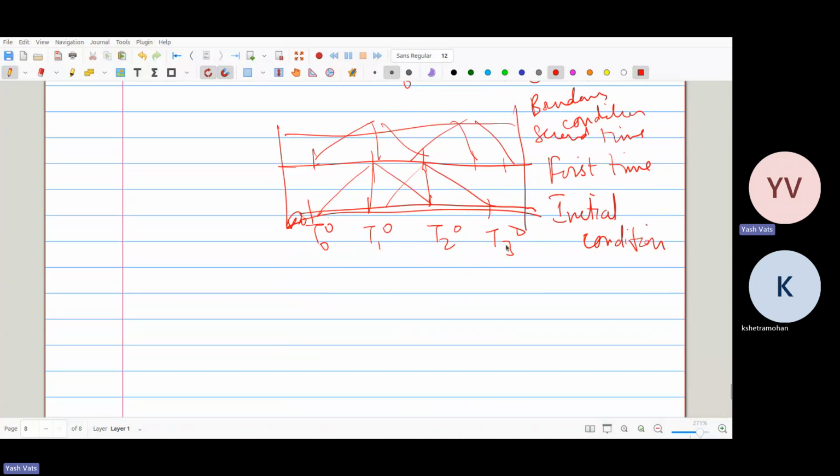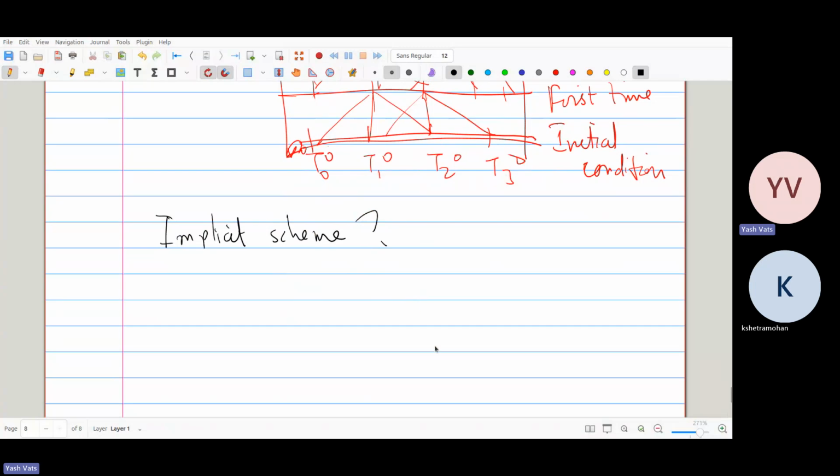So if you have something like this, in the implicit scheme, how do you find out the solution? What is del 2T by del x squared?